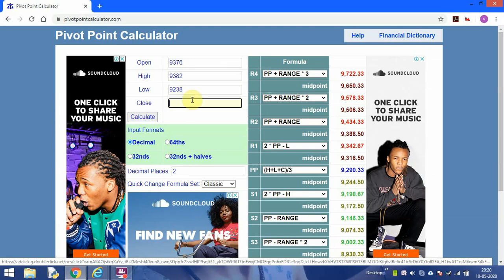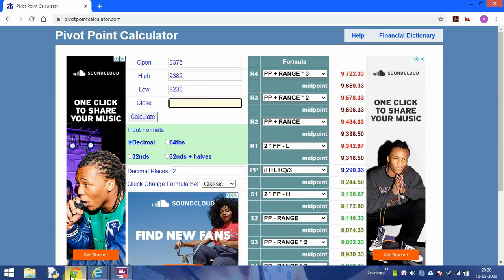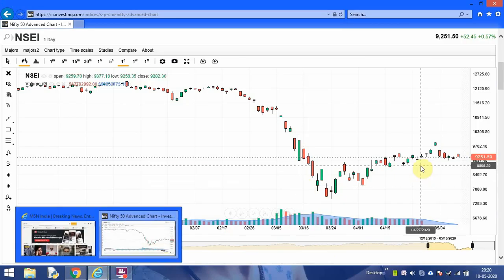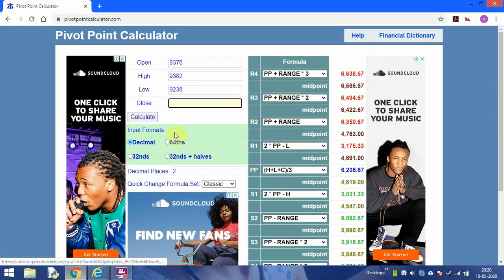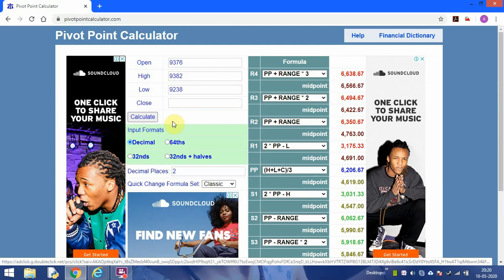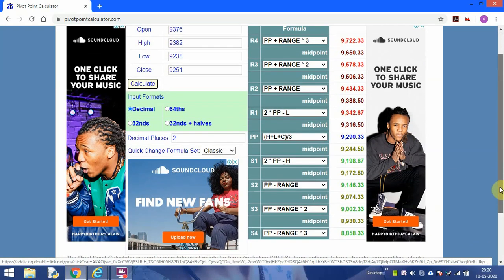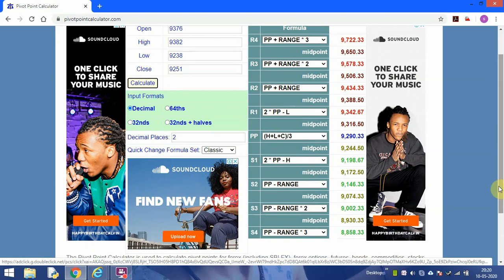Then the next is close, which is 9251. Just calculate. So here you see that I have told you 3 support levels, but you can take 4 levels.